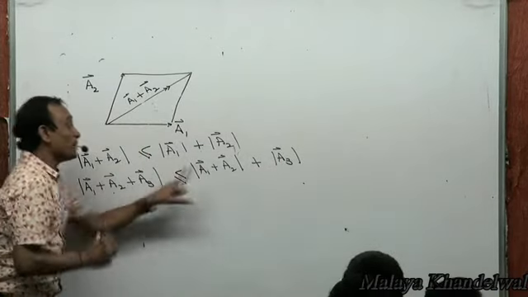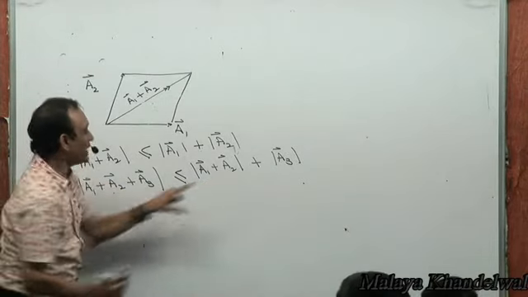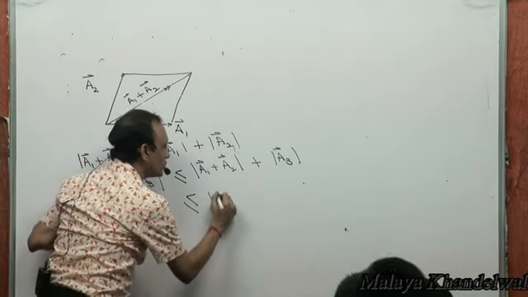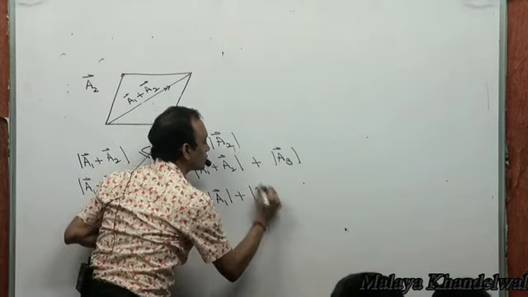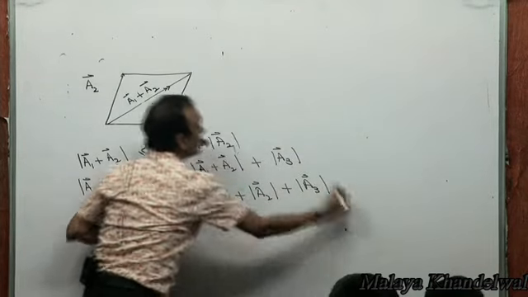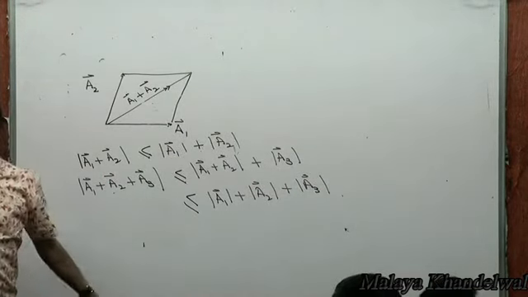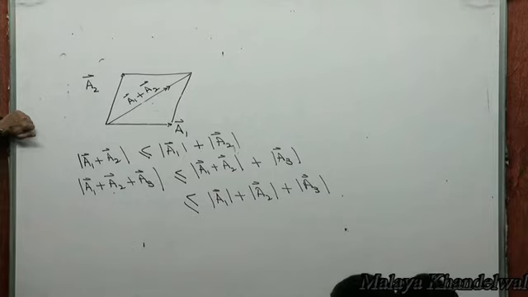But mod of A1 plus A2 will be less than or equal to mod A1 plus mod A2, right? So this is less than or equal to mod A1 plus mod A2 plus mod A3. And this can be extended to any number of vectors. The triangle inequality, right? Clear now?